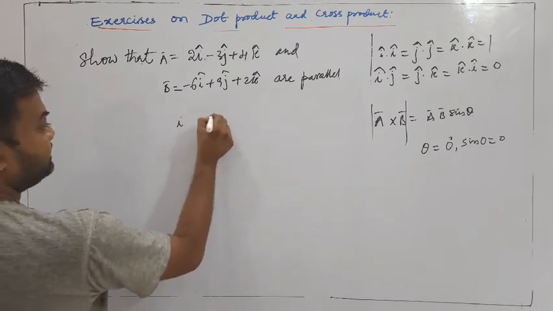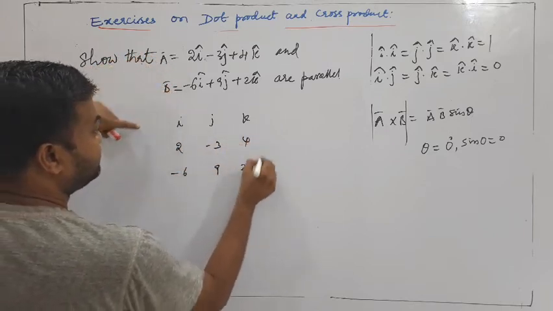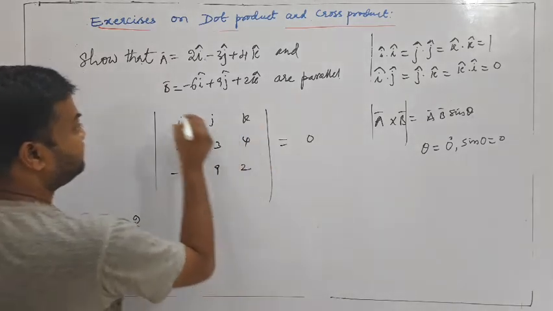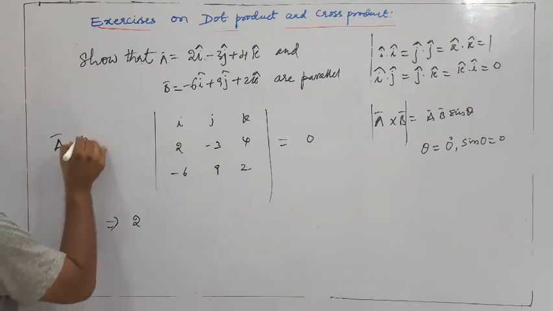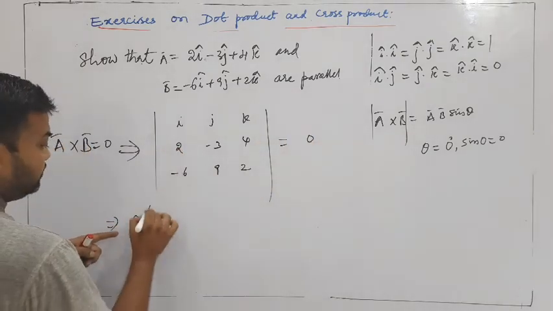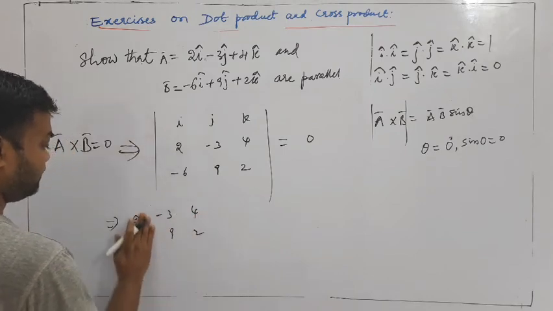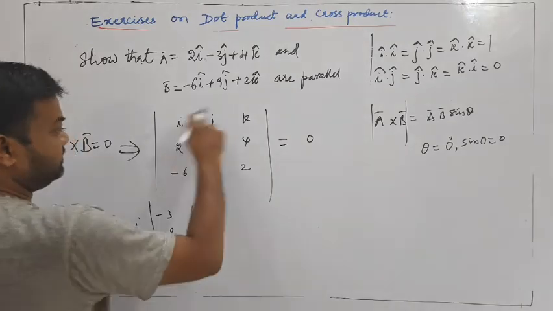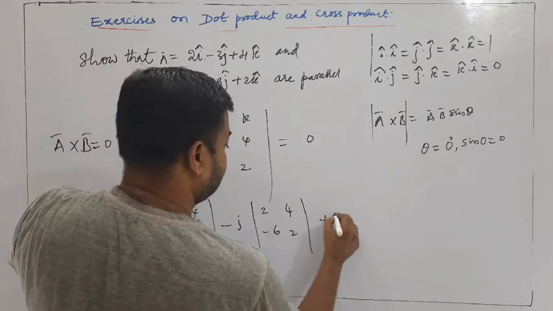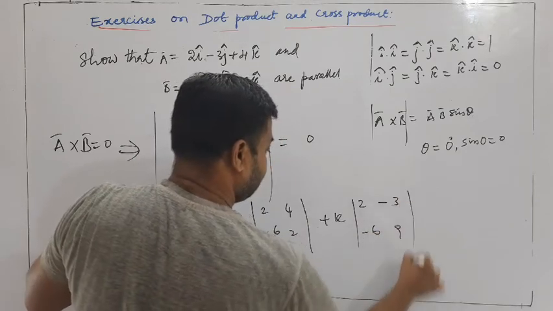First i j k, 2 minus 3 4, minus 6 9 minus 12. A bar cross B bar must be equal to 0. i into (minus 3 times minus 12 minus 4 times 9), minus j into (2 times minus 12 minus 4 times minus 6), plus k into (2 times 9 minus minus 3 times minus 6), like this.